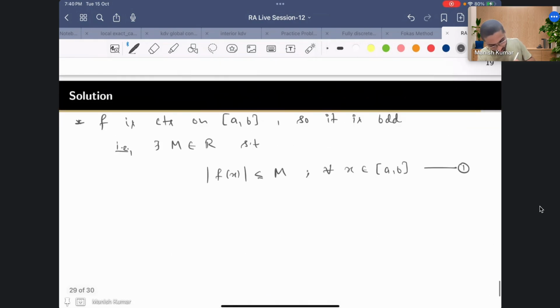You note that f of x is given by the integral from a to x of f(t) dt.